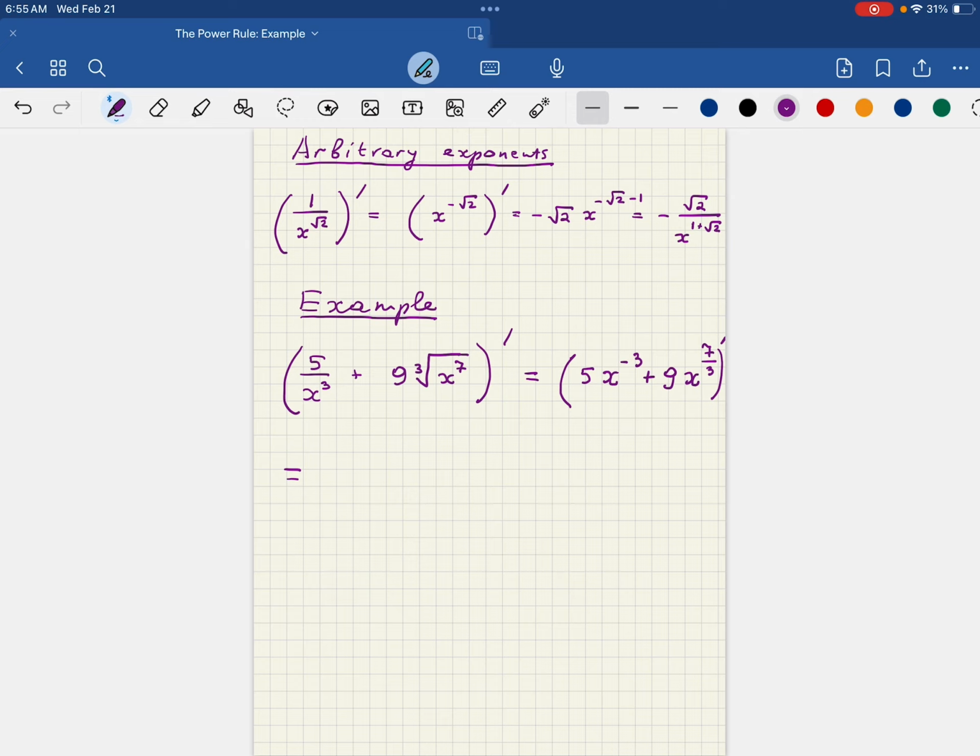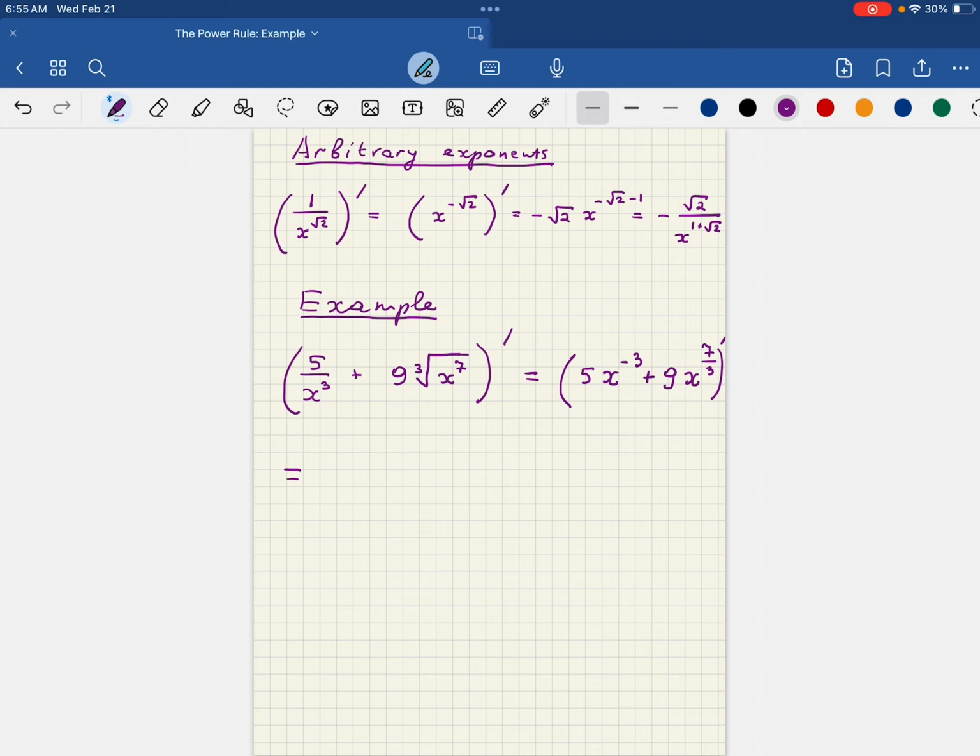And now we can compute this derivative term by term. And also we can apply the constant rule, which says that if we have a multiplicative factor in our function, we can factor that out of the derivative.